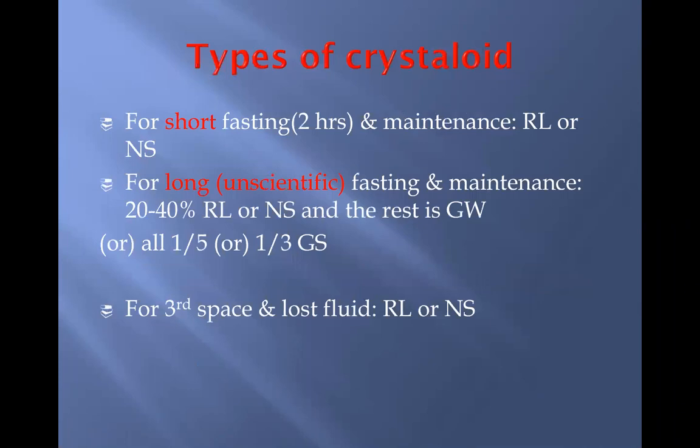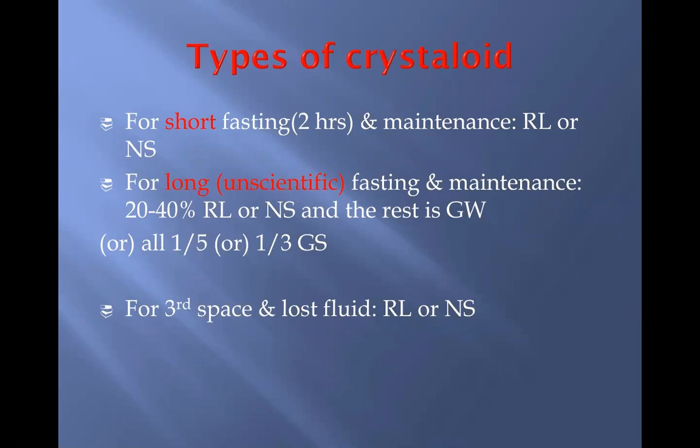Which type of fluid can we use? For short fasting, 2 hours, and maintenance, we can use Ringer's lactate or normal saline. For long fasting, which is unscientific, you know that the scientific fasting is just 2 hours for fluid, 4 hours for particulate fluid, and 6 hours for food.